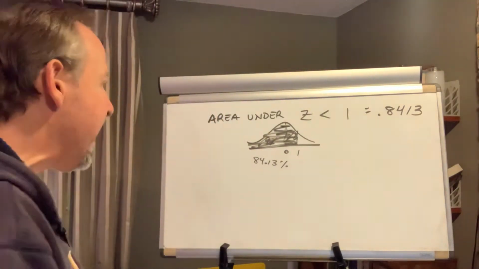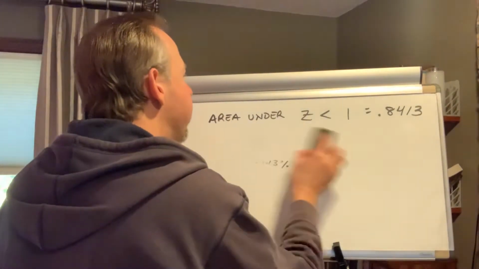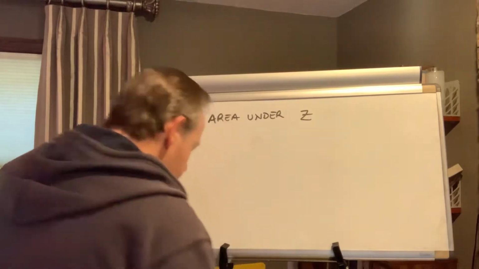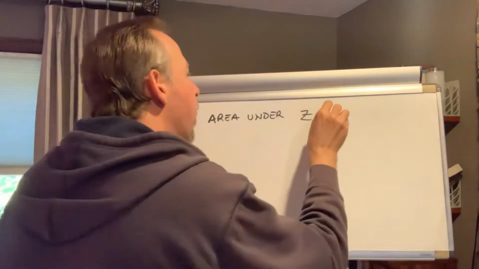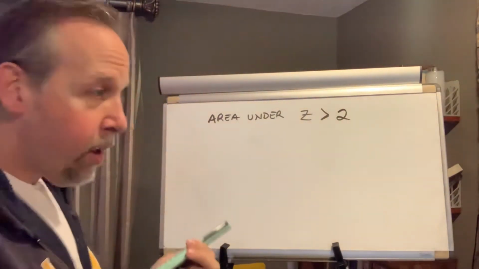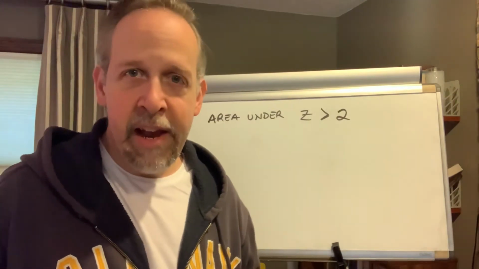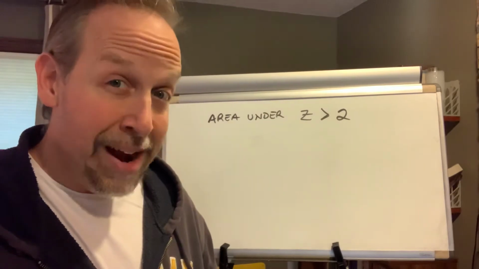So, let's try another one with different boundaries. Let's say, what's the area under the curve above a z-score of 2? Unlike the table, your calculator can handle this without worrying about the complement rule, without worrying about subtracting from 1.